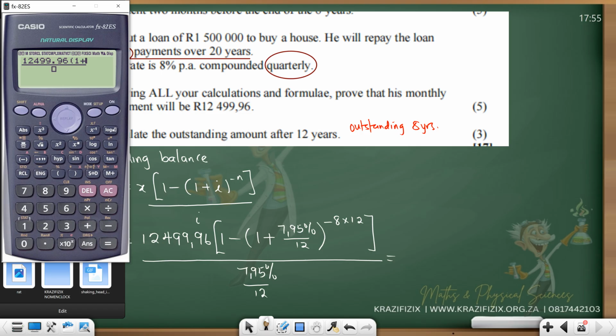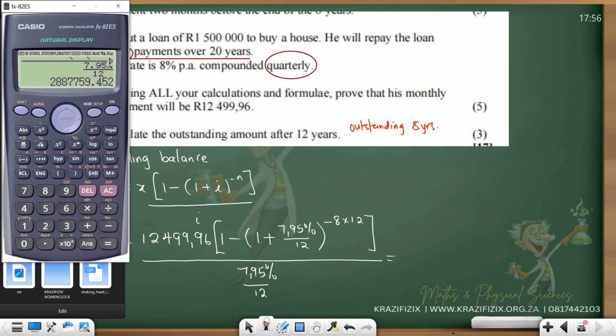12,499,96, open bracket, 1 minus, open bracket, 1 plus 7.95% over 12, all right, exponent of negative 8 times 12. We close the bracket, and 7.95% over 12.